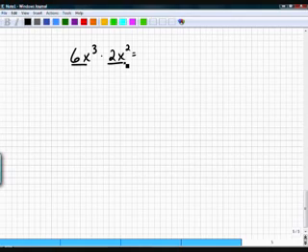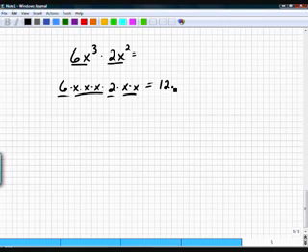Makes sense. 6 times x times x times x times 2 times x times x. That's what that means. I can multiply them any way I want to, so I can do 6 times 2 first, which is 12, and then x to the third and x squared is a total of x to the fifth.